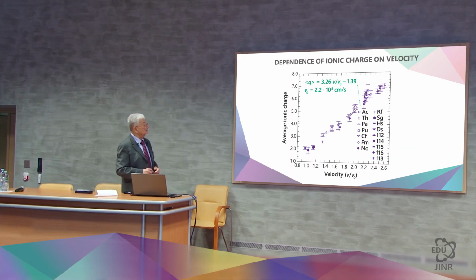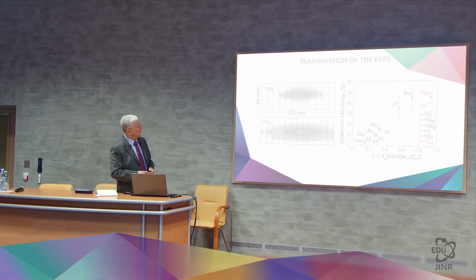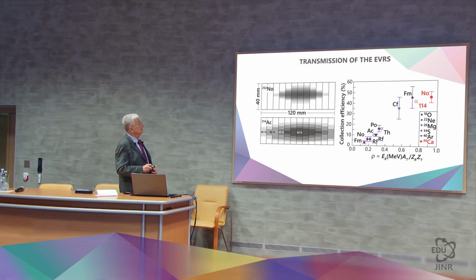Now about the characteristics of the separator. The figure shows how the charge of an ion depends on its velocity. And here we see a dark smudge representing the nuclei that passed through the separator and hit the detector. Here we see these famous strips. This is the size of recoils at the target.